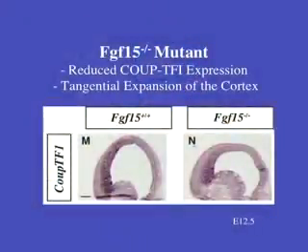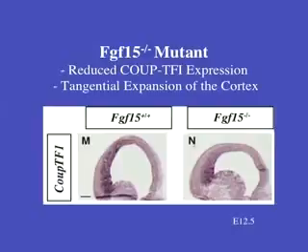And if we look 3 days later in the developing cortex, here we see CoopTF1 high ventral, low dorsal, as I've said many times. But in the FGF15 mutant, the CoopTF1 gradient becomes much more shallow. You still have it down here ventrally, but the level of expression dorsally goes way down. So indeed, FGF15 promotes CoopTF1 expression.